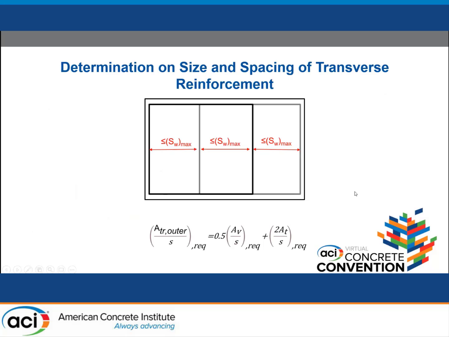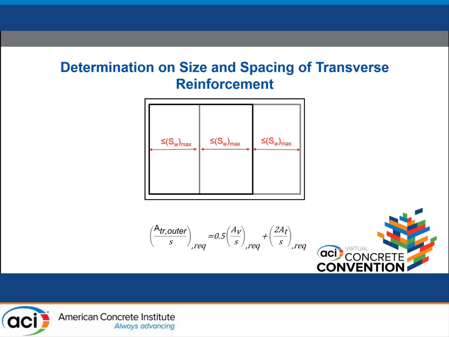After we determine the maximum transverse spacing, we can tell how many loops we need for one section. For our case, the width of the beam is about 6 feet, so it looks like we do need 2 loops. When we determine the size and spacing for the transverse reinforcement, we need to consider the load path for shear and for torsion.